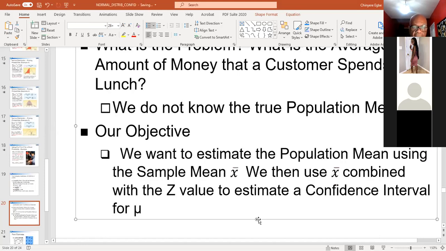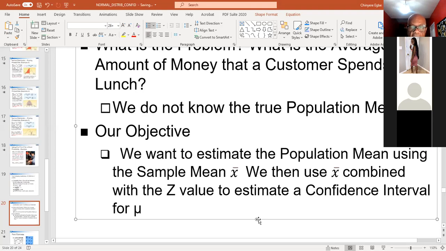So we use information from the sample to make an inference about the population, to make a judgment about what the population might look like.